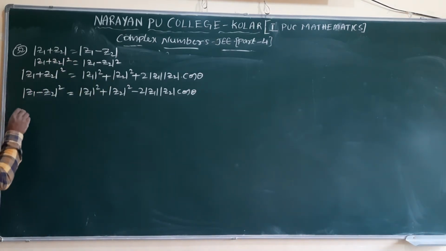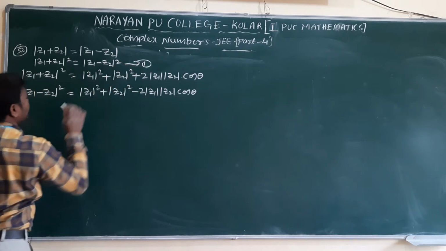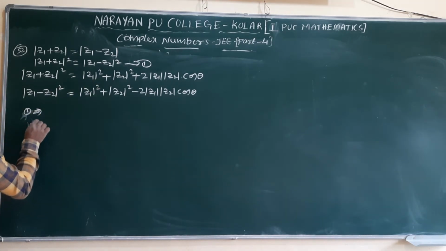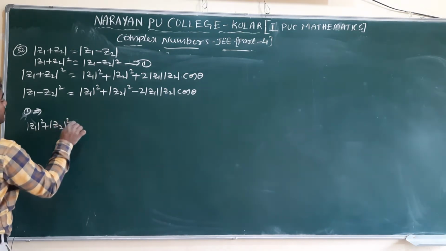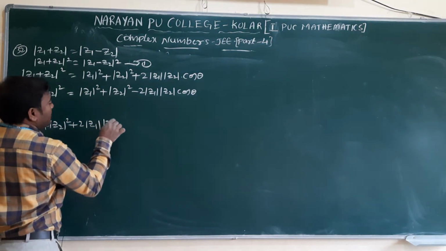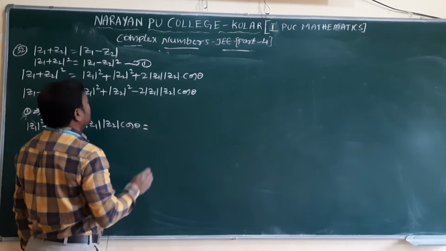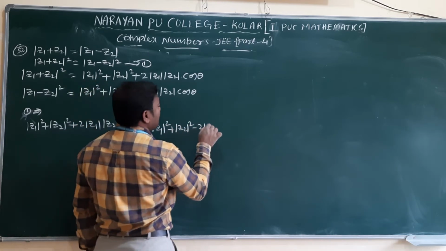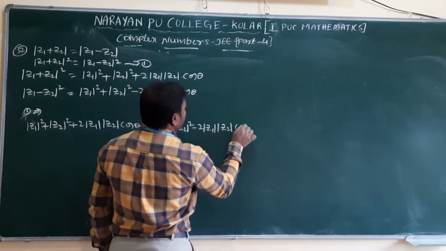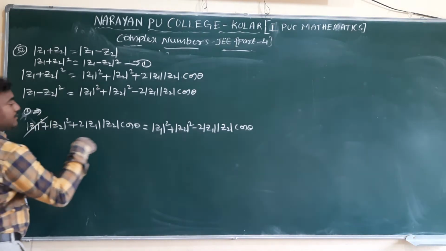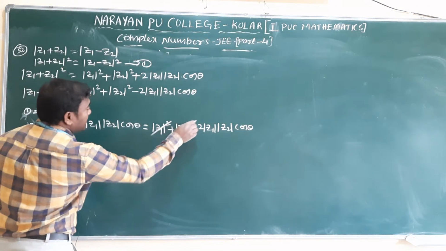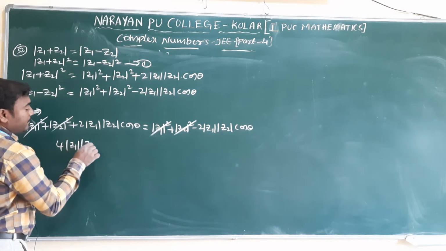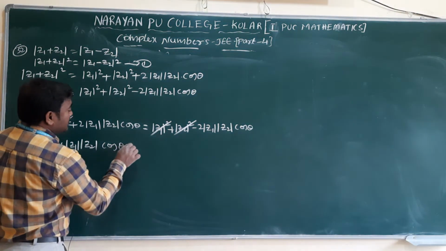Squaring the given condition, we get |z1 + z2|² = |z1 − z2|². So |z1|² + |z2|² + 2|z1||z2|cos θ = |z1|² + |z2|² − 2|z1||z2|cos θ. The |z1|² and |z2|² get cancelled, and taking terms to one side we get 4|z1||z2|cos θ = 0.